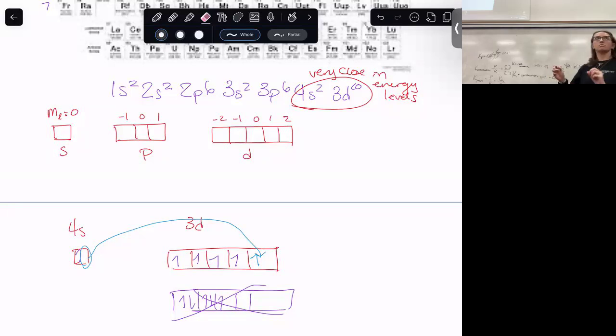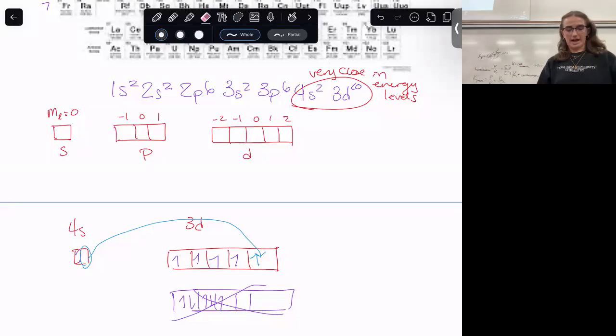Right? Does that make sense? It's because these are so close in energy that we're able to jump that up, and it actually lowers the energy of the electron. So I think that's happening in your homework questions, where they now have the opportunity to have a lower energy, right? If you can be lying down, you're going to be lying down. The atom wants to be lying down, so it's going to pop its electron up to a higher energy level, which ultimately relaxes it all the way.